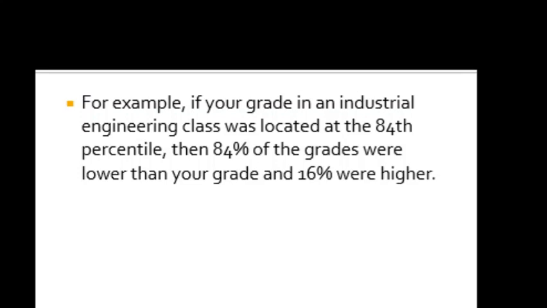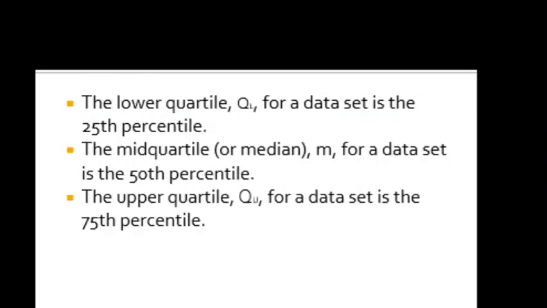Here's another example. Let's say your grade in an industrial engineering class is located at the 84th percentile. That means 84% of the grades are lower than your grade, and 16% of the grades are higher. These are some commonly used percentile values. The first one is the 25th percentile.